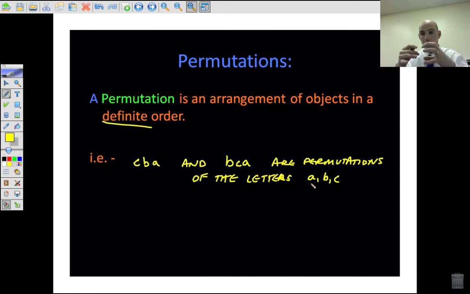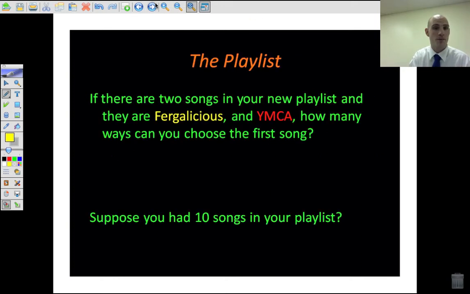CBA includes all the letters in ABC, but it's different than BCA. Okay? And so, how does this apply to real life? When we look at MP3 players or DJs when they're doing their work, they're talking about permutations because they're arranging the songs in a definite order in a playlist.